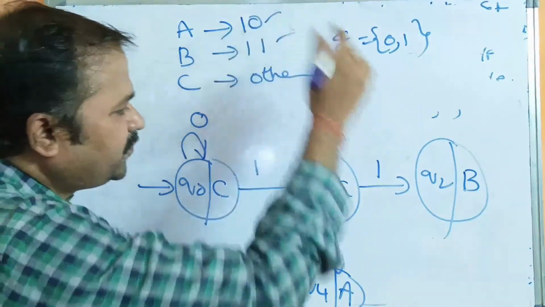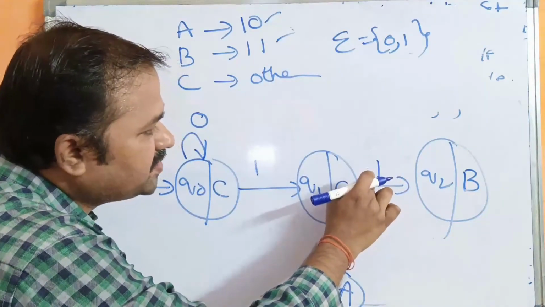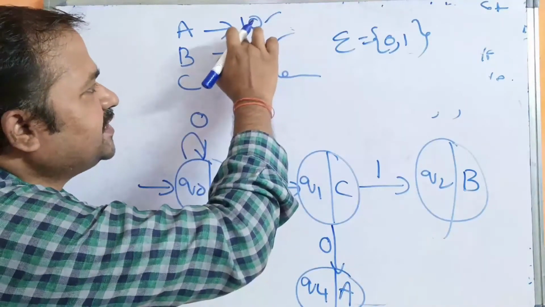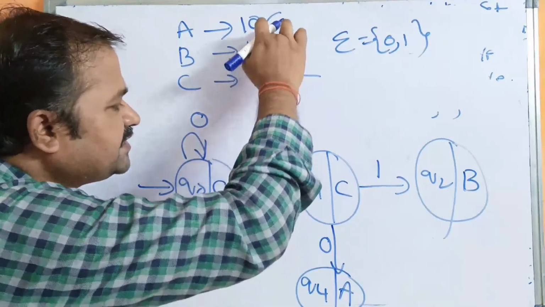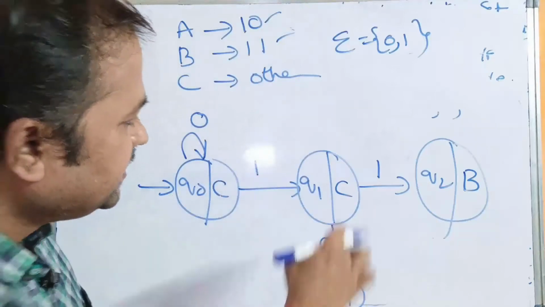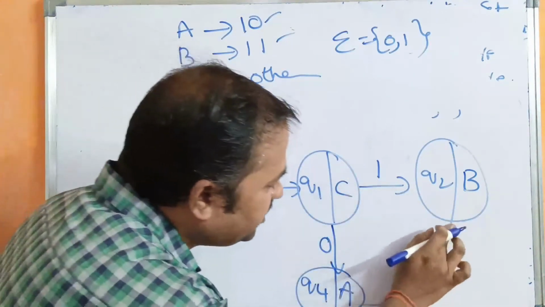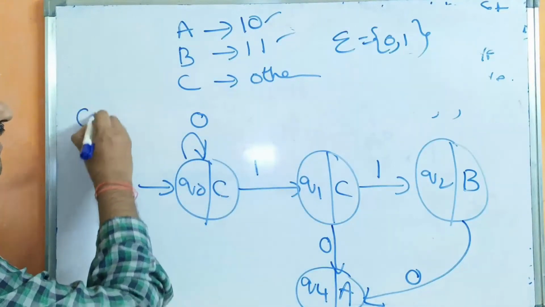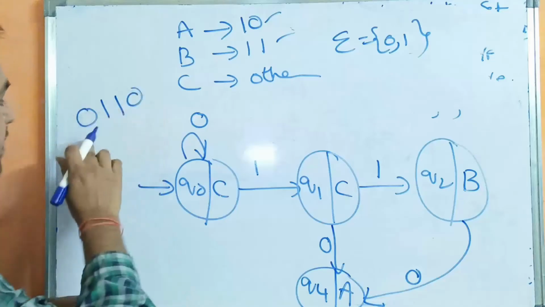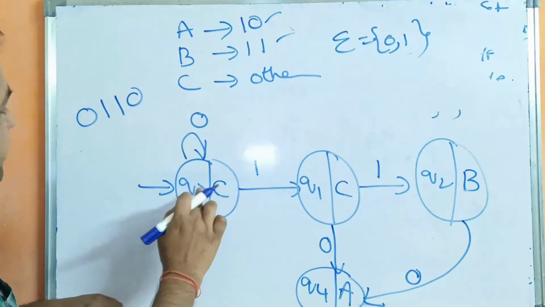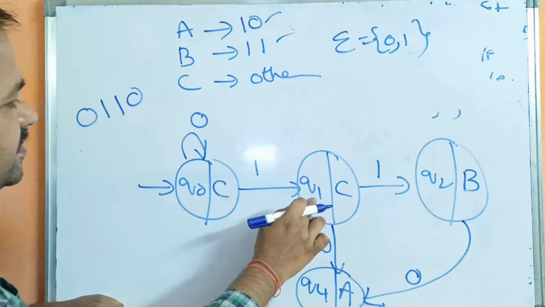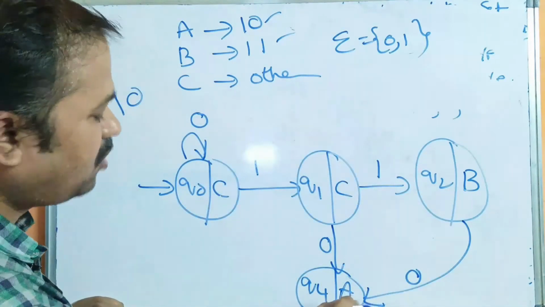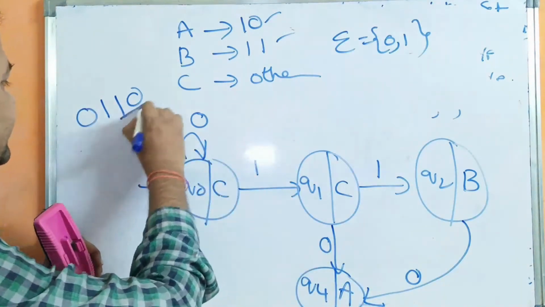So after 1, if we have 0, then the output is A. So if the input ends with 1, 0, then the output is A. Here we have 1, so if we have 0, then establish a connection like this. Suppose the string is 0, 1, 1, 0. 0 means we will be at Q0 only. 1 means we will go to Q1. 1 means we will go to Q2. Next 0 means we will go to Q4. Output is A. Why? Because here the string is ending with 1, 0.